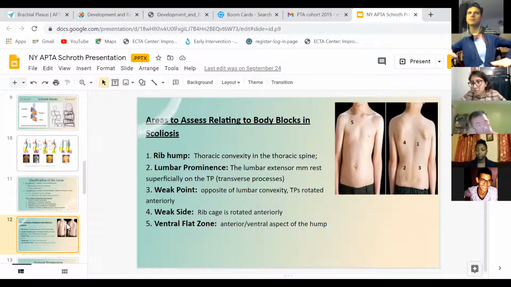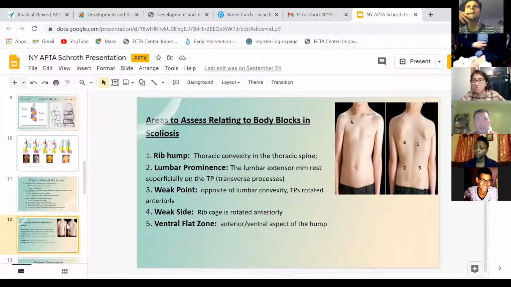My hump is back here, right? This one will be flat. So when I come here, I'm going to ask you to breathe into it because it's weak, very weak, flat, underdeveloped. So I'm going to go breathe in, hold it, because it's weak, flat, concave.